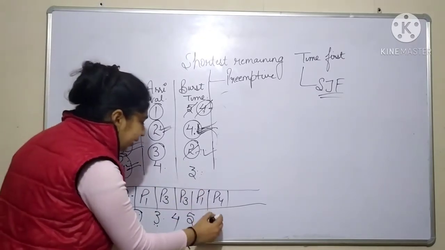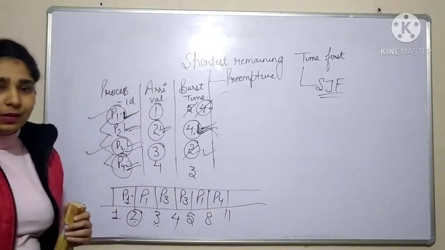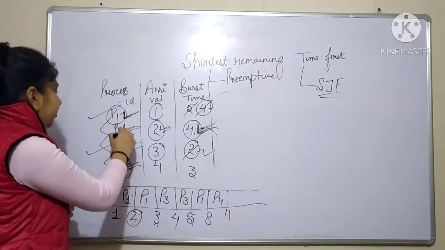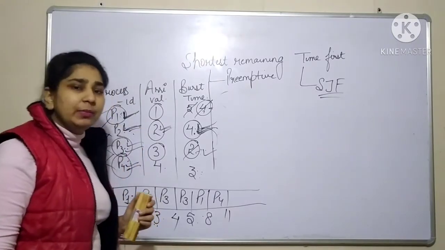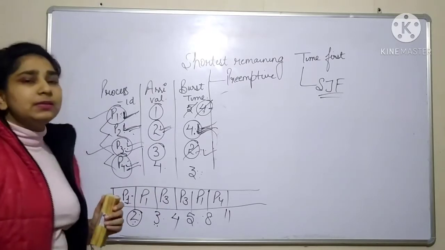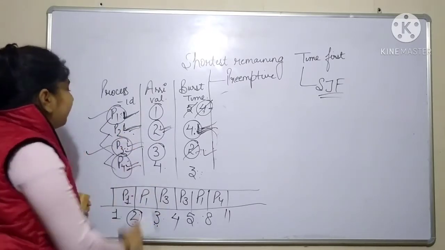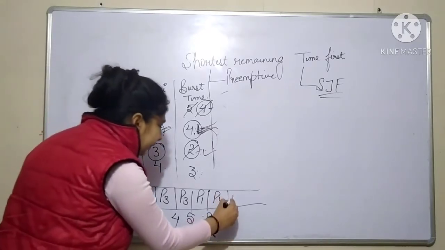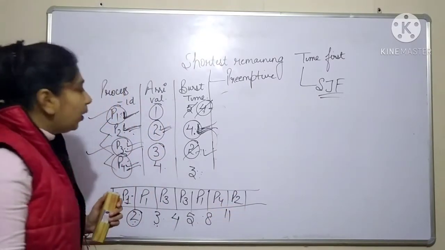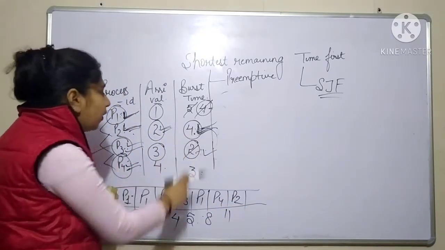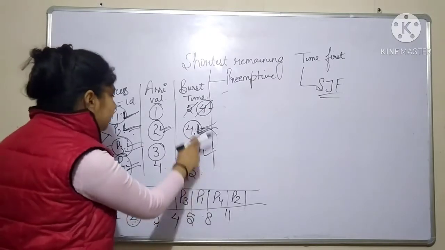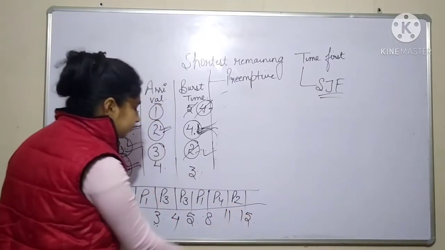So 8 plus 3, 11. Next we have only process P2 pending in the main memory. I will give the CPU to process P2, which wants to execute for 4 units of time. So 11 plus 4, 15.